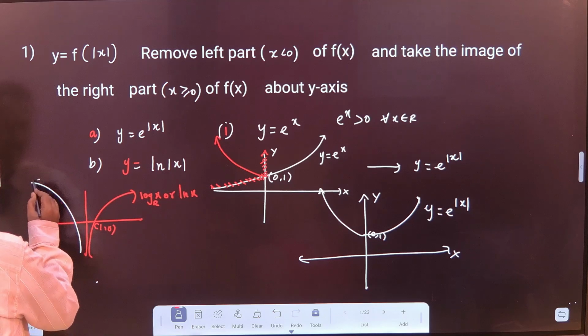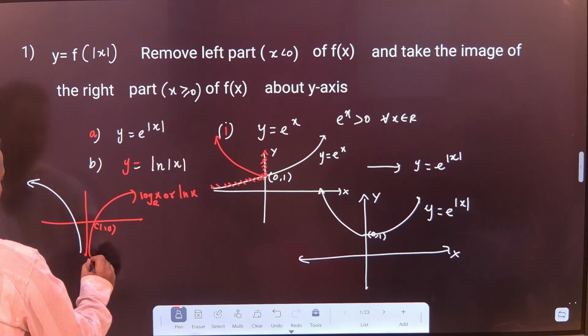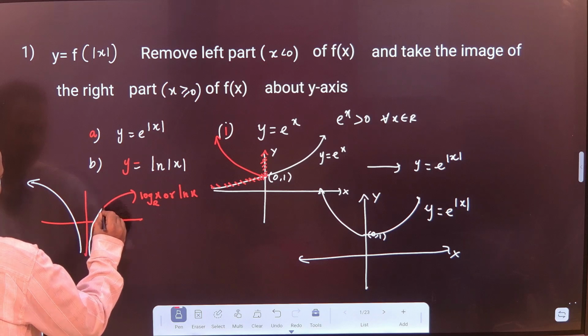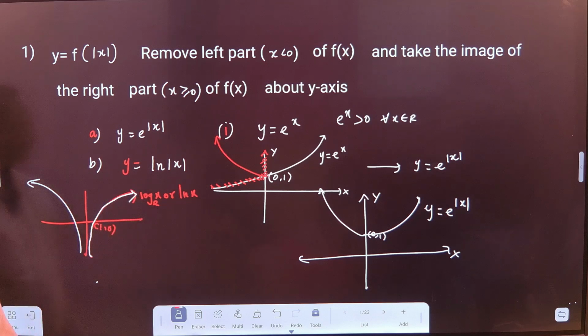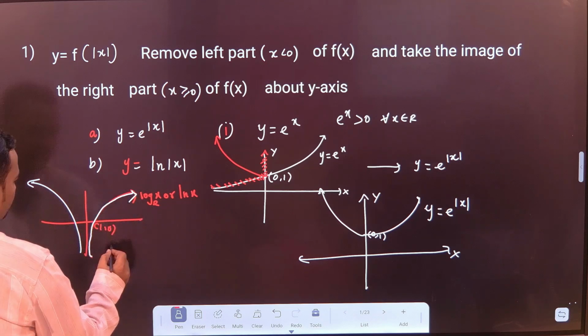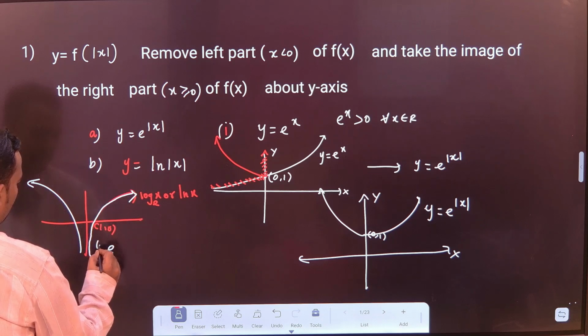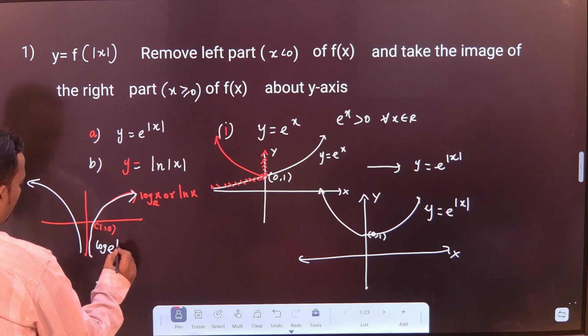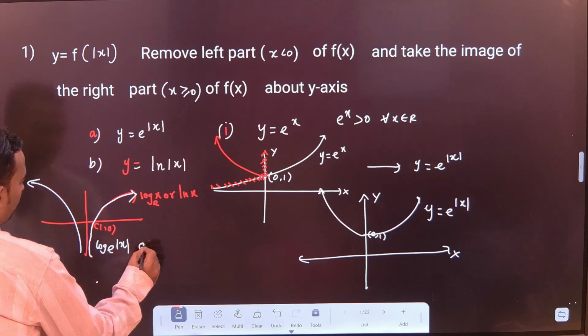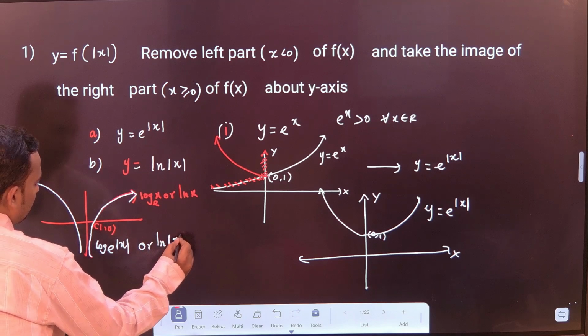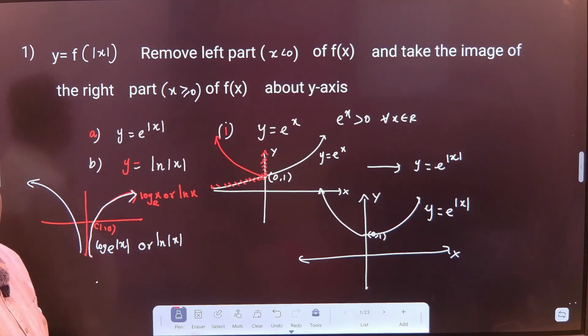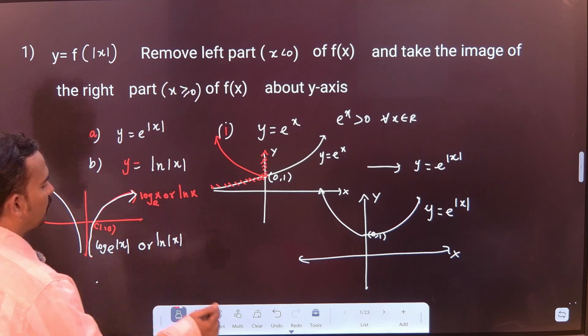Whatever the right side is, that is the graph. So yes, this complete graph is what? Log base e mod x, or you can write ln mod x. Clear? Okay, good. Let's go to the next thing.